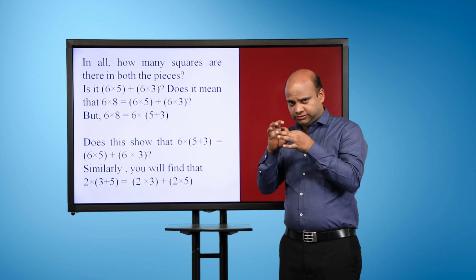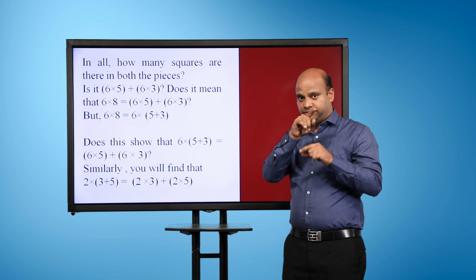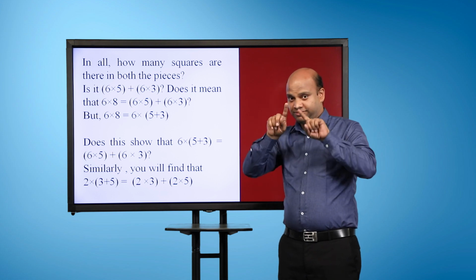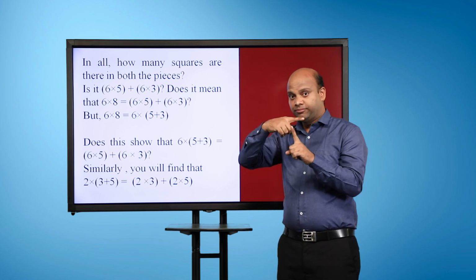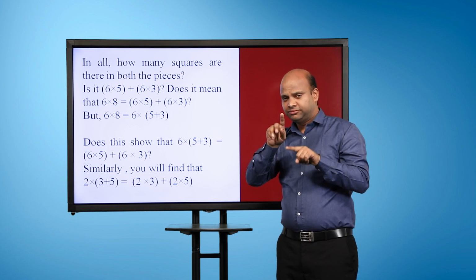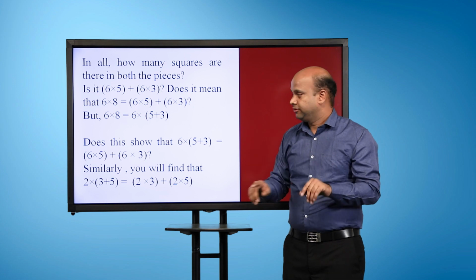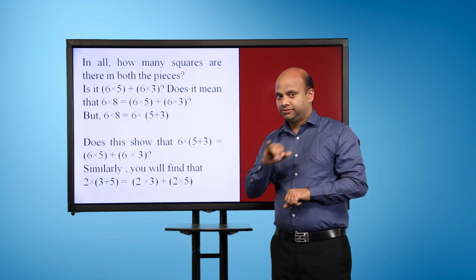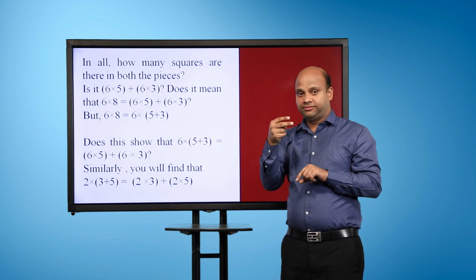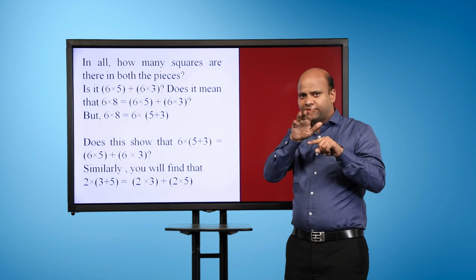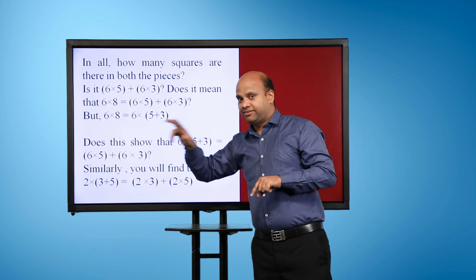Does it mean that 6 multiplied by 8 is equal to, in brackets, 6 multiplied by 5 plus, in brackets, 6 multiplied by 3? But 6 multiplied by 8 is equal to 6 multiplied by, in brackets, 5 plus 3.